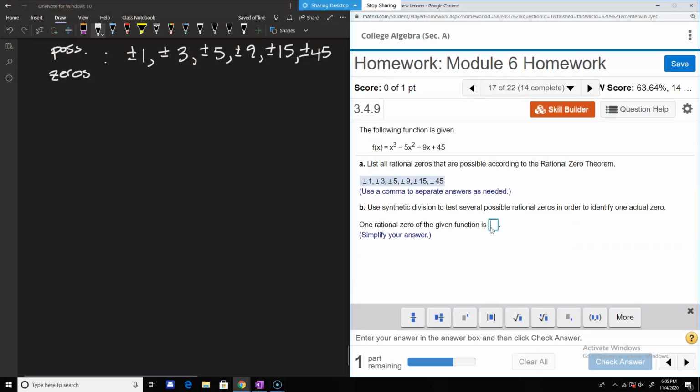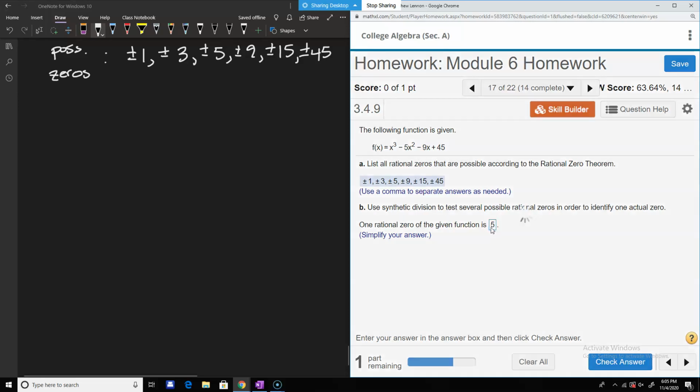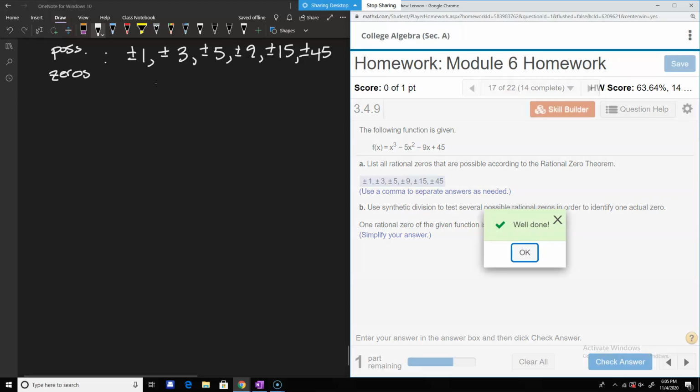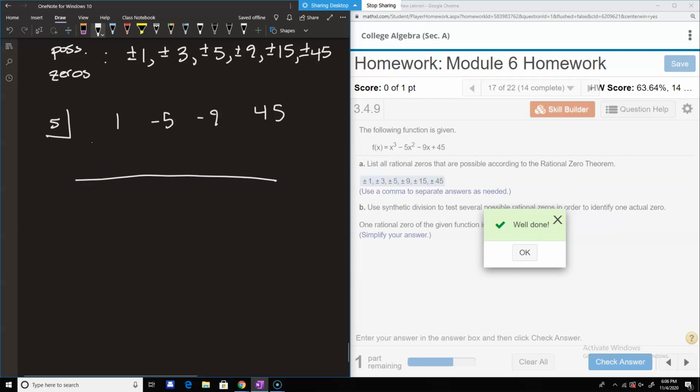But one rational zero of the function is 5. How could you test that? How do they want you to do it? They really want you to do the synthetic division. So we could do a 5, and we could list the numbers 1, -5, -9, and 45. And we just want to make sure the remainder is 0 here. So bring down the 1, we get a 5, that makes 0, 0, -9, -45, and then we get a 0.